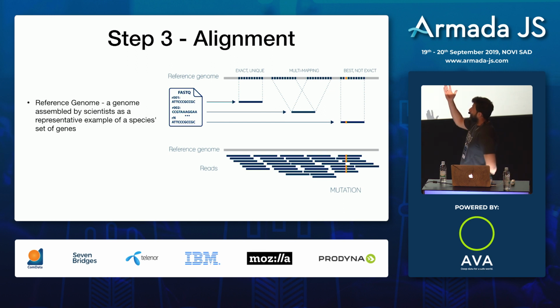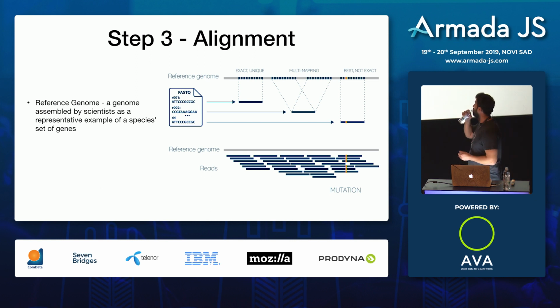It could be an exact match. It could maybe belong to more than one place, or you could have not an exact match, but a very good one. Imagine a sentence with only one different letter compared to the reference genome, and you would say, yeah, okay, I'll put this here, and I say this is a mutation.